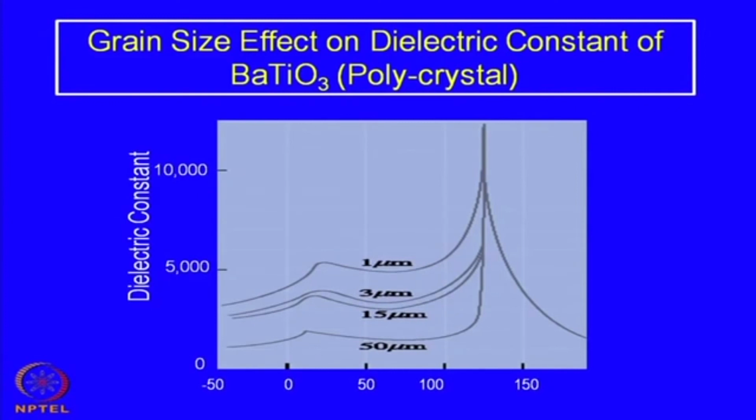However, if you want a very stable dielectric material or stable capacitor value independent of temperature, then normally the dielectric constant goes down.